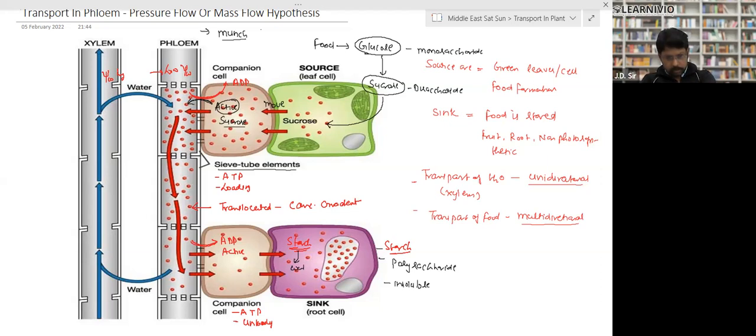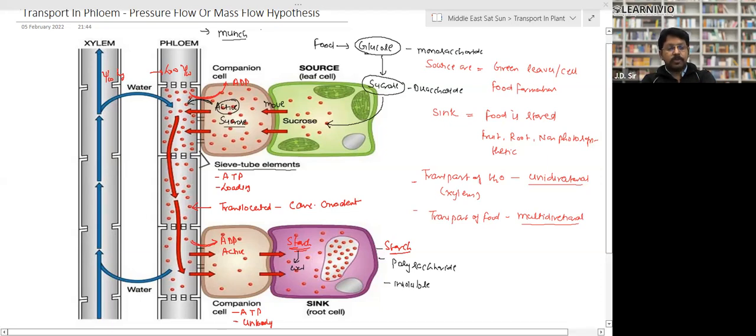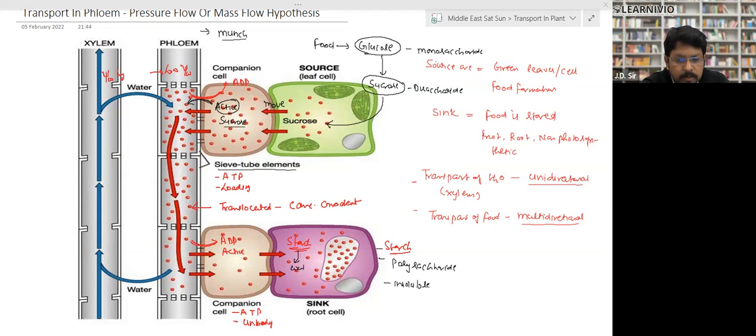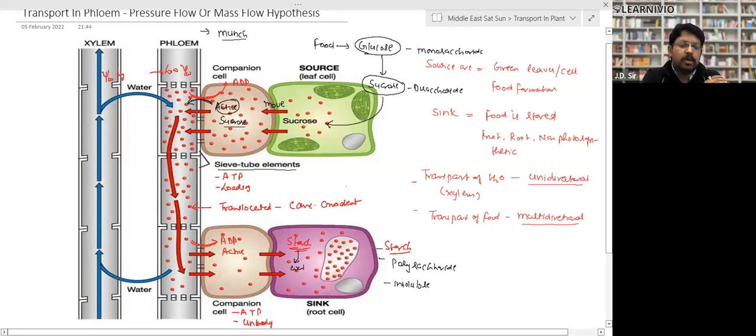When it reaches the sink, it is taken by the companion cell by the active process.